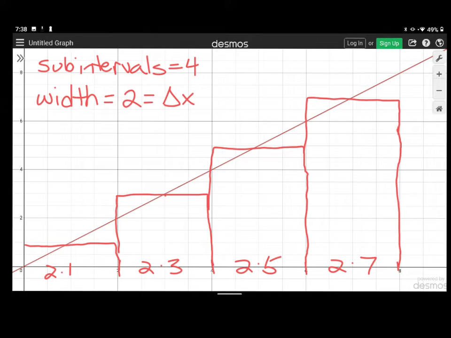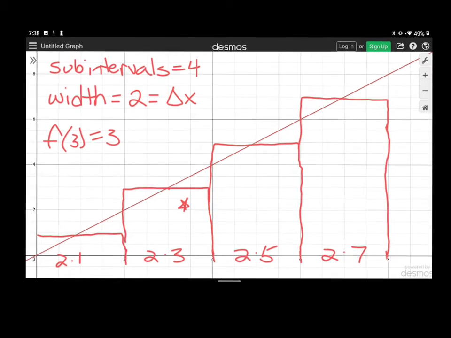But what you're really doing is evaluating that function at a certain point on your rectangle, in this case the midpoint. So if I'm looking at this one, then I just went to the midpoint, which is 3, and evaluated this function at 3. And that gave us the height on all of those. So that's going to be an important idea going forward also.